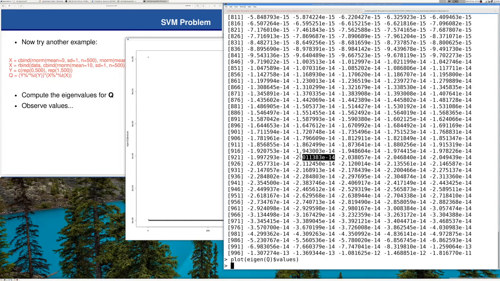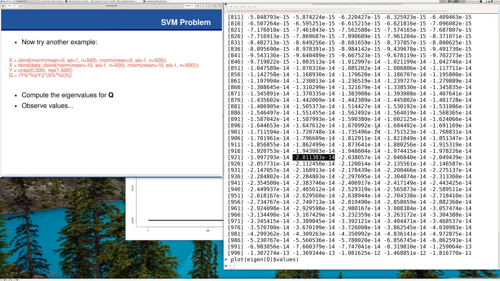That's not a big problem, because when we compute the eigenvalues, if we have some eigenvalues very close to 0, that will make no difference in our optimization. But if one of those values is really negative, has a relevant magnitude, that will be an issue for our optimization. Why does that happen?